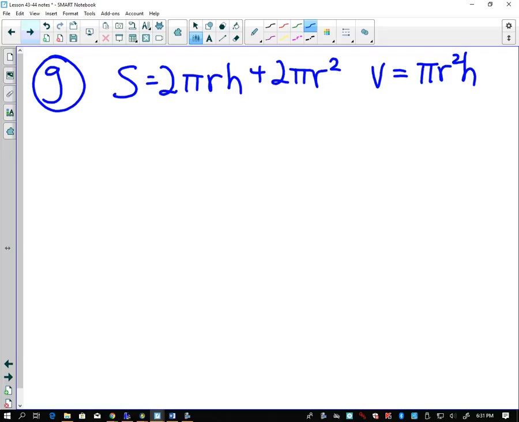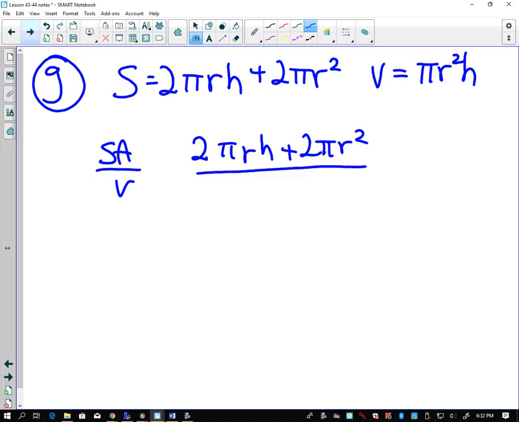So let's see, it wants us to simplify surface area divided by volume. Okay, so we're going to take 2 pi r h plus 2 pi r squared and divide it by pi r squared h. All right, just simply wants us to simplify.